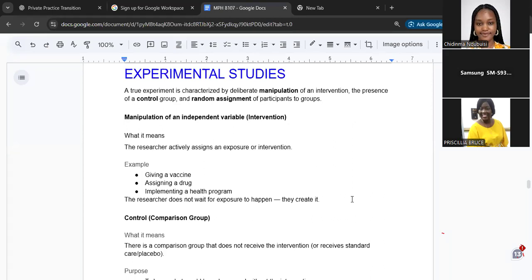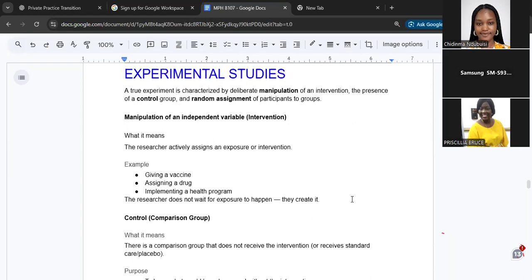So for a true experimental study, there are some things that must be present. Number one is manipulation of an independent variable. Number two, the presence of a control group. Number three, randomization.